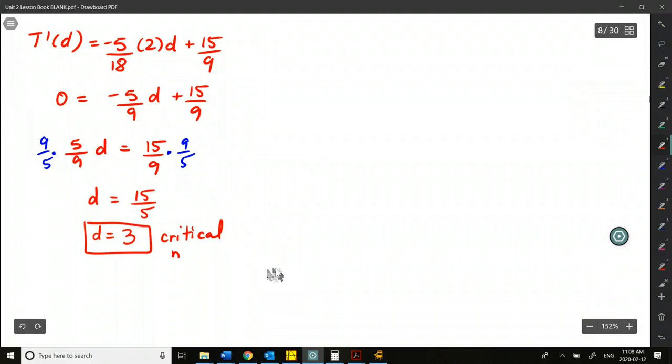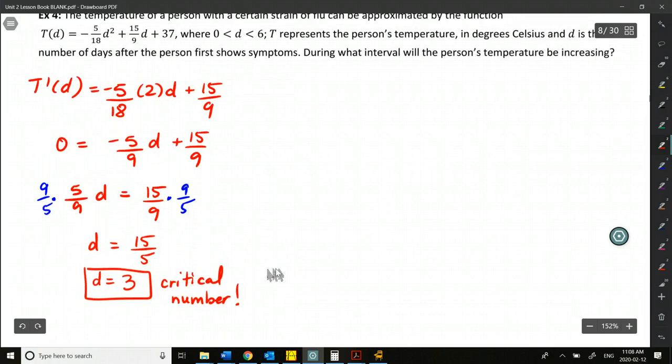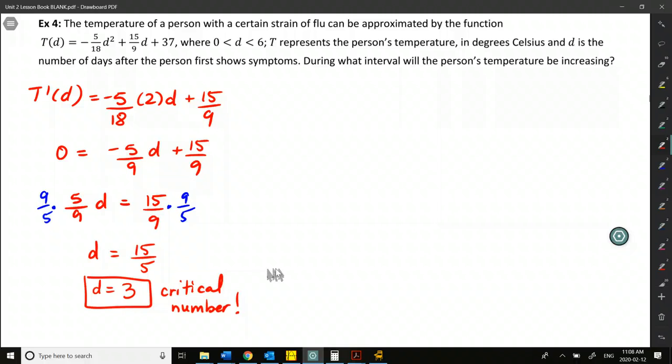Okay, this is a critical number. So when we're at day 3, there's a possible change in the person's temperature here. Maybe they're going from increasing to decreasing or decreasing to increasing.